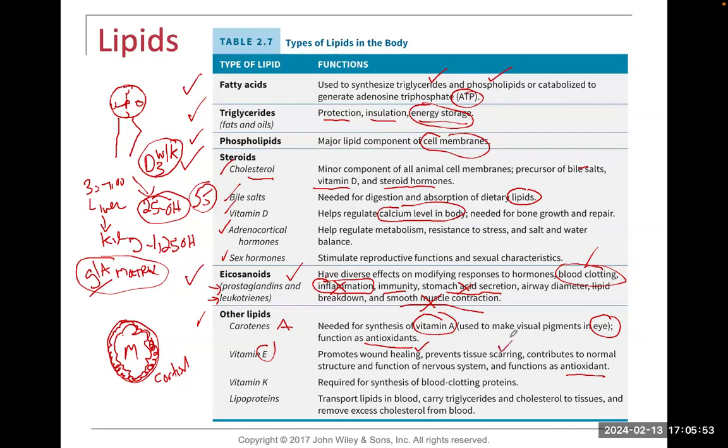It helps to prevent scarring. It's involved in healthy functioning of the neural system. And vitamin E is also involved in fertility. Your vitamin K is involved in blood clotting, and it also is very important for driving calcium into bones.